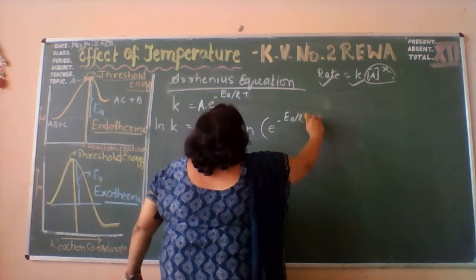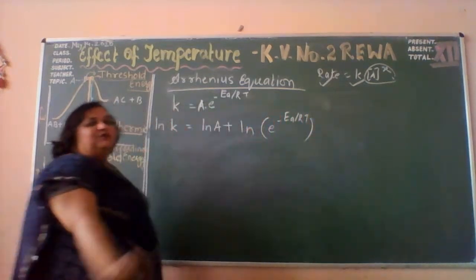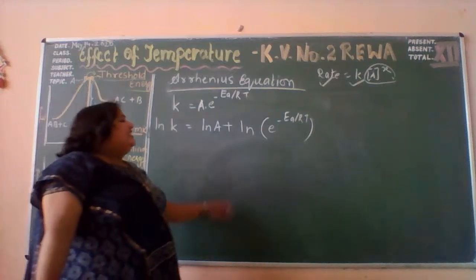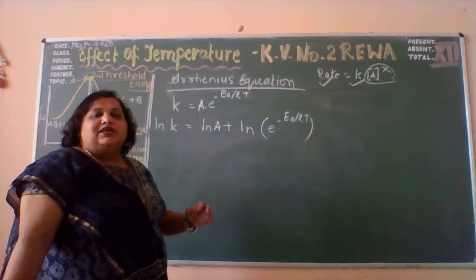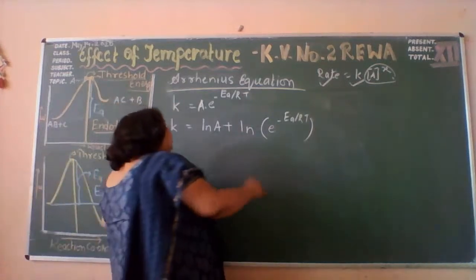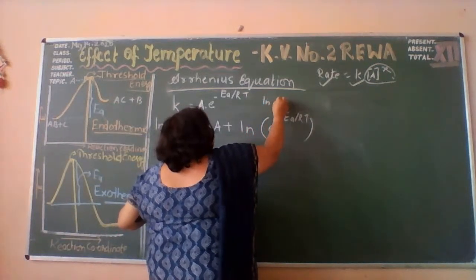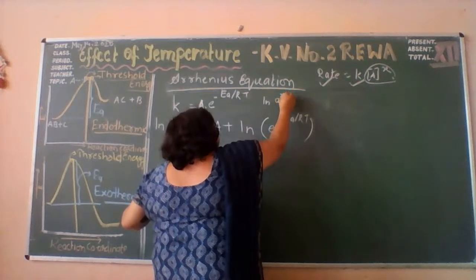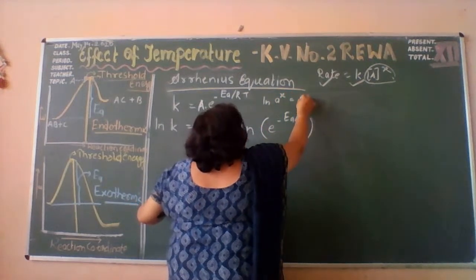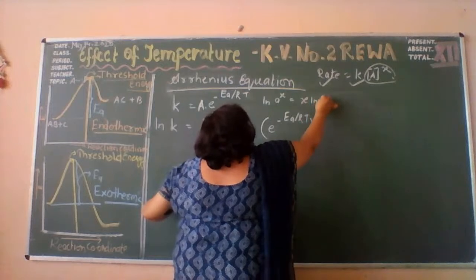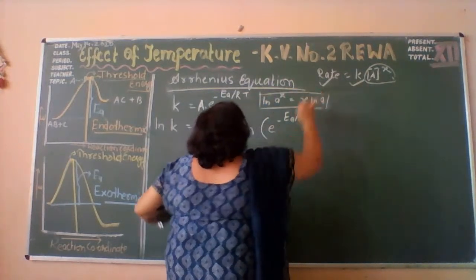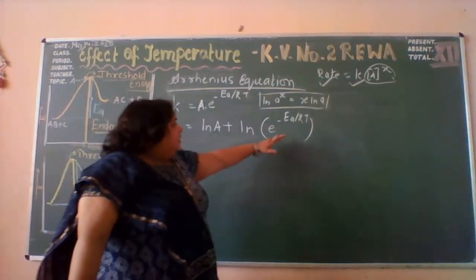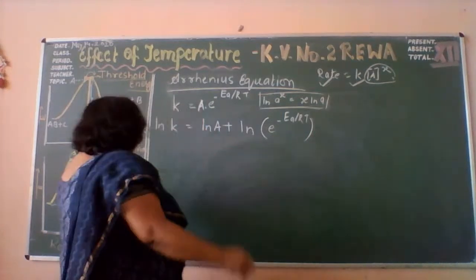Purposefully, I have said before, I don't speak any word without any purpose here. So here, one very important formula I just want to tell you about the logarithm: log a to the power x is always equal to x log a. It's a property of the logarithm. The same thing we can do here.